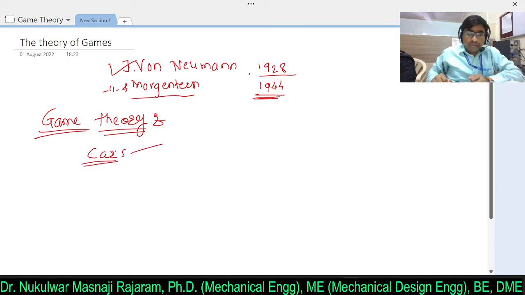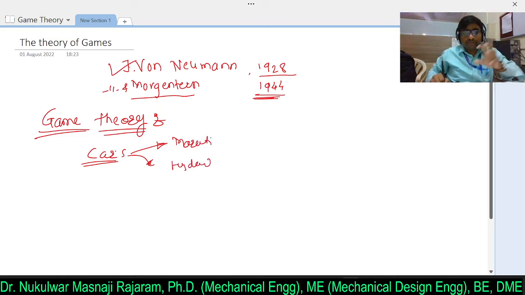If you observe the Indian market situation, you will find there are various manufacturers, for example Maruti, Hyundai, or Tata. Every manufacturer will take some decision for the future.